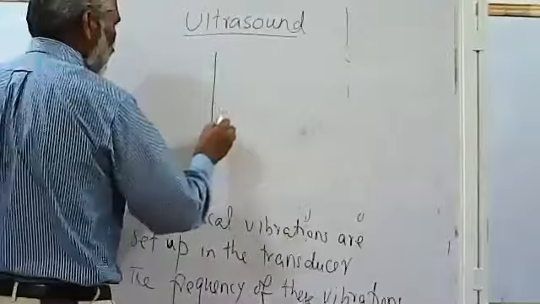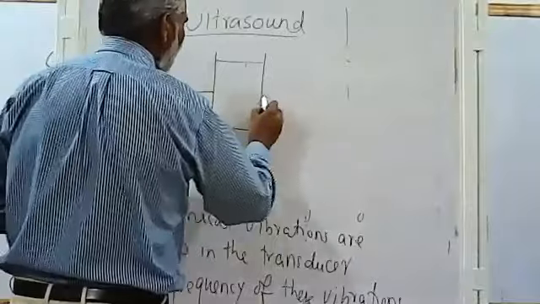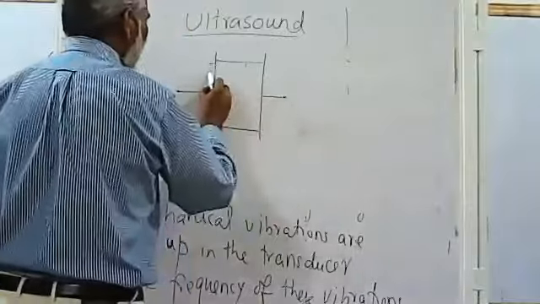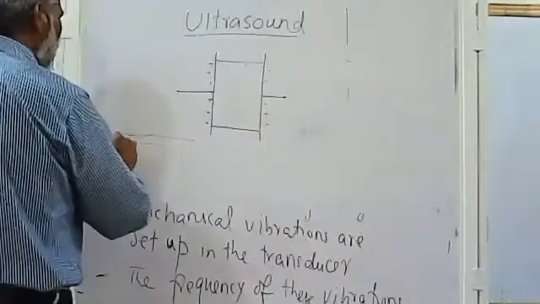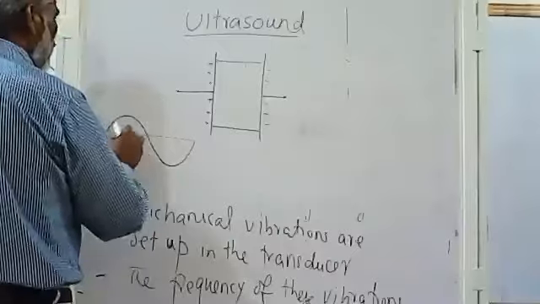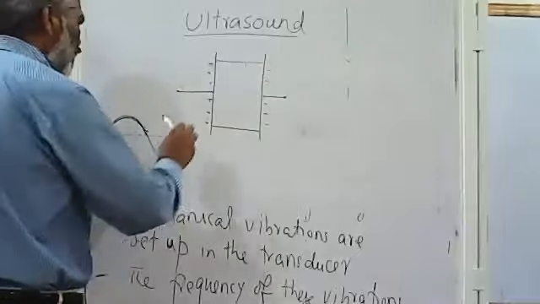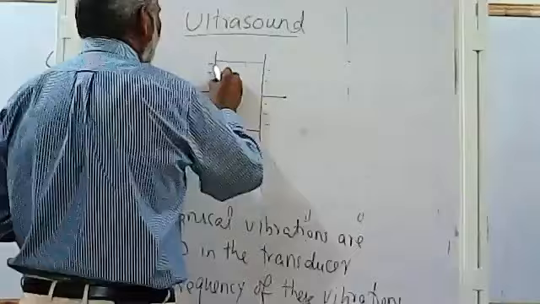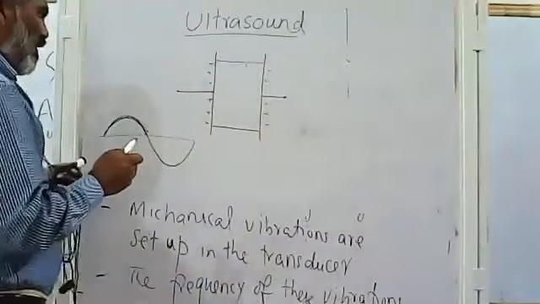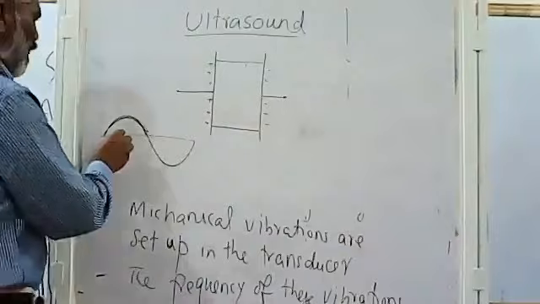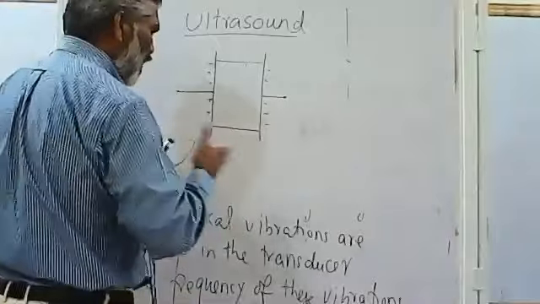This is the transducer, and this is the crystal sandwiched inside these two plates. This is positive and this is negative. That means you have a situation like this. So a positive plate is at higher potential now, but when you switch it, this will be at higher potential and this will be at lower potential, but each time there will be a vibration. So as it passes through zero and changes its direction, it undergoes a vibration.